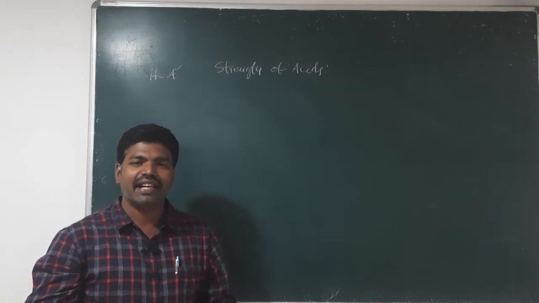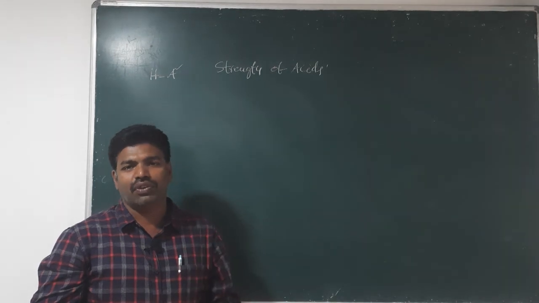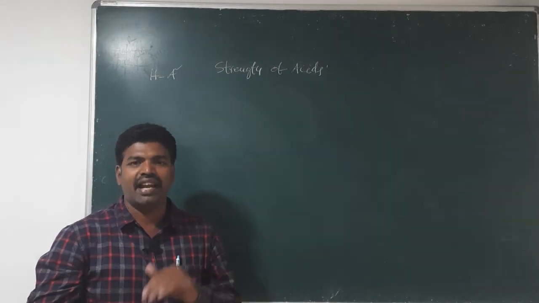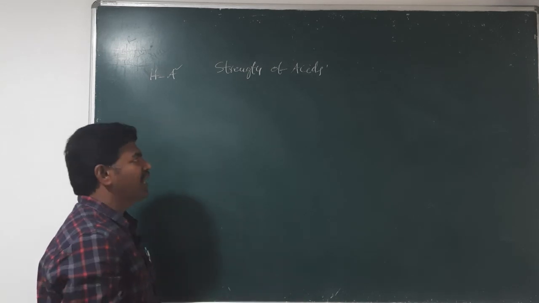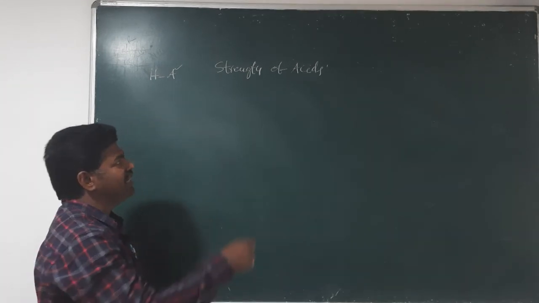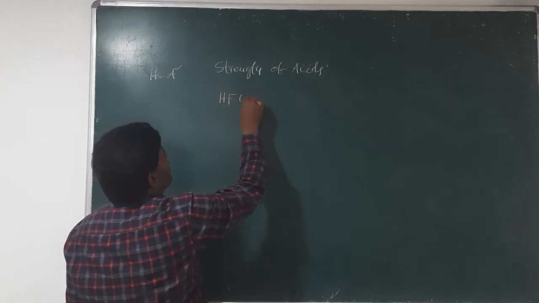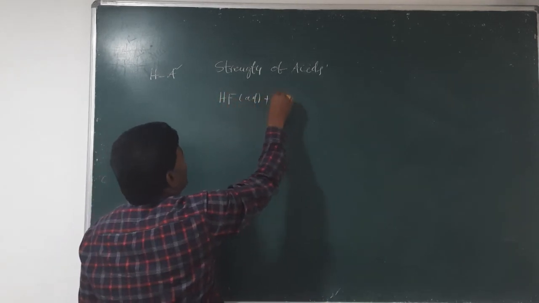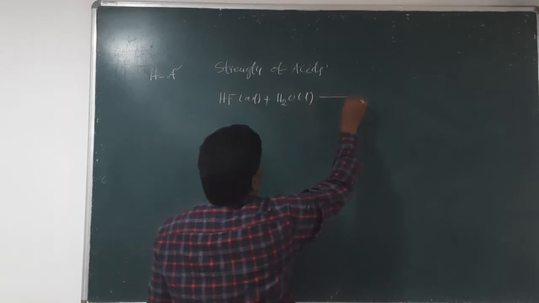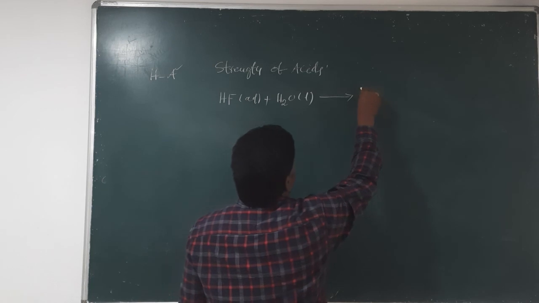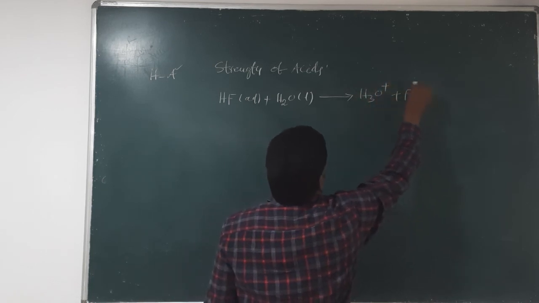Now let us take HF as an example, from which we shall understand the strength of acids. When we dissolve hydrogen fluoride in water, HF aqueous dissolved in H2O liquid, it dissociates into H3O plus ion plus F minus ion.